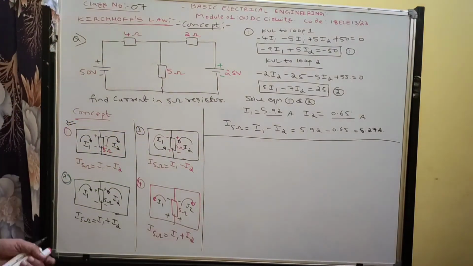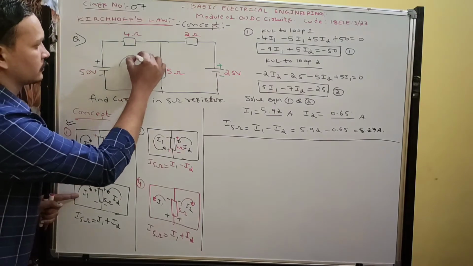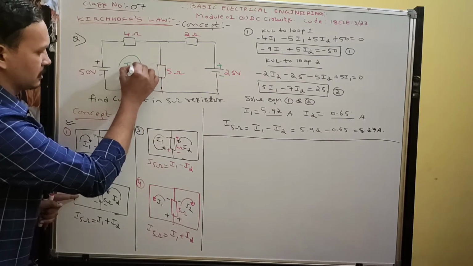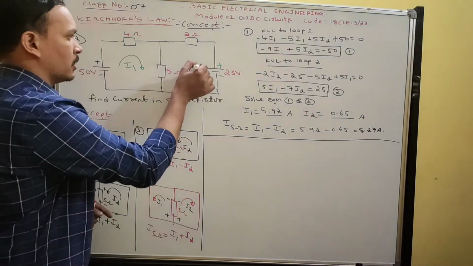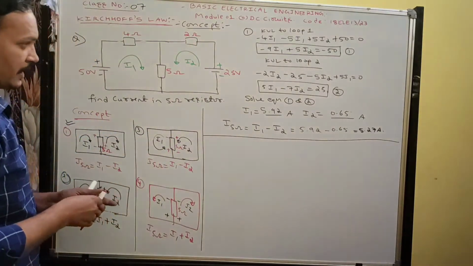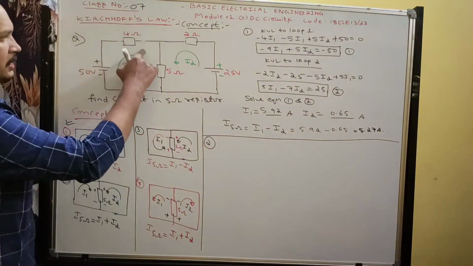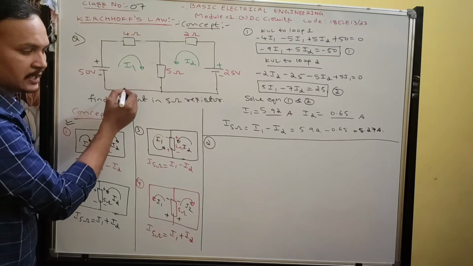Okay, now check out the second concept. Say clockwise direction. So this is the I1 direction and this will be the I2 direction. Now I am doing the second case. Second case, apply KVL to the first loop. Before that, mark the sign convention.